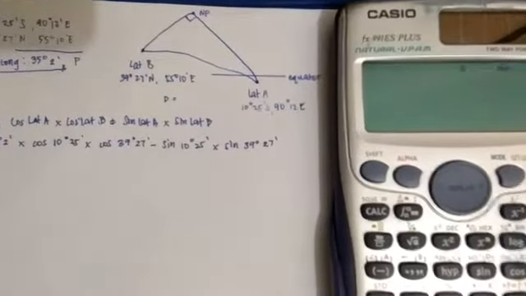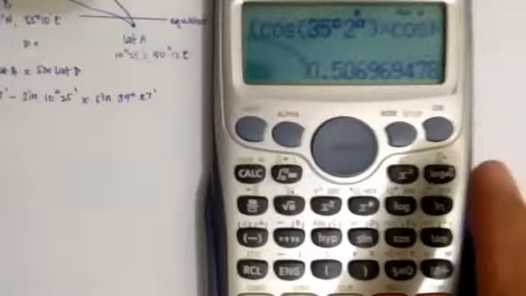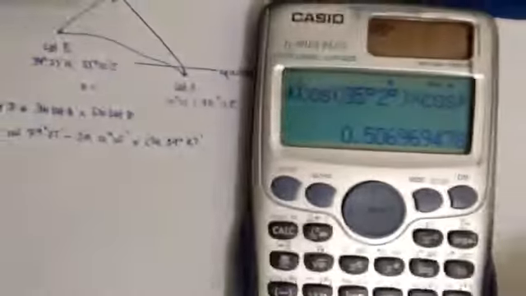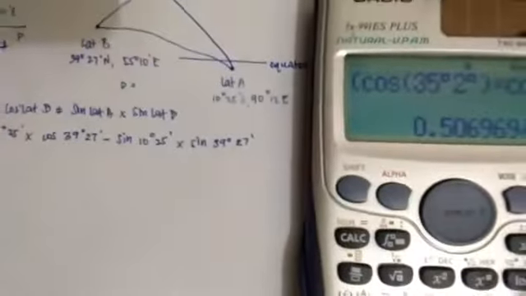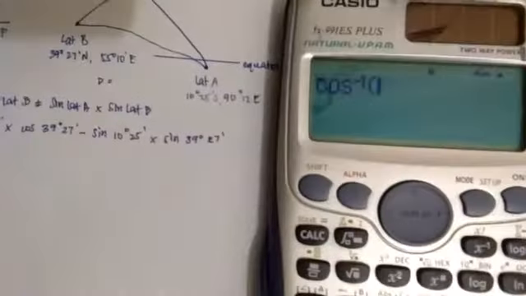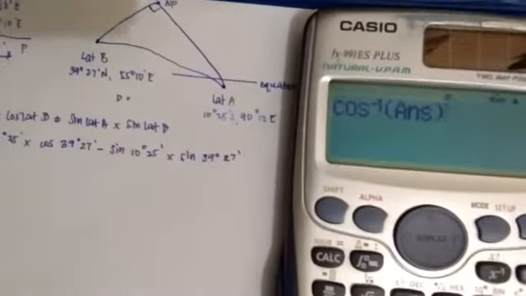So we will get this answer, and to get our AB we need to inverse, so we shift cos and the answer to get our degrees.